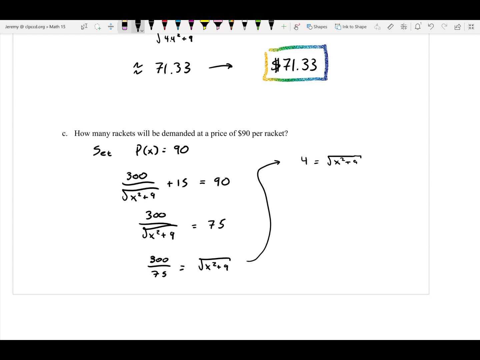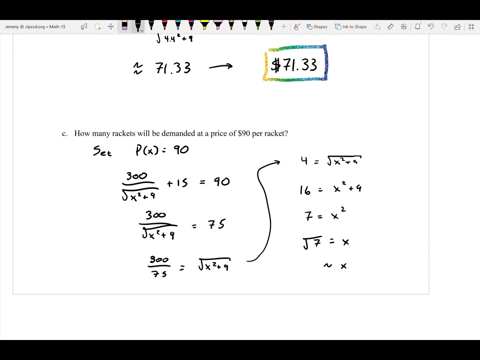I'll square both sides of the equation, and I get 16 is equal to x squared plus 9. I'll subtract 9 from both sides. 7 equals x squared. Taking the square root, I would get a plus or minus, but I'm talking about the number of rackets being demanded, so I'm just going to use a positive value. So square root of 7 is equal to x.